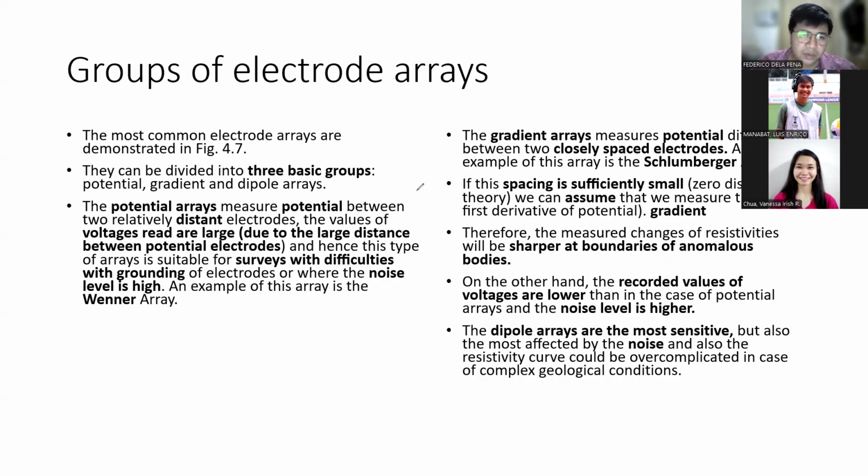Right. So I mentioned the Schlumberger, the Wenner, the pole-dipole. These are the common arrays, and they are part of different array groups. The first one is your potential array. Potential arrays just measure the potential between two distant electrodes.